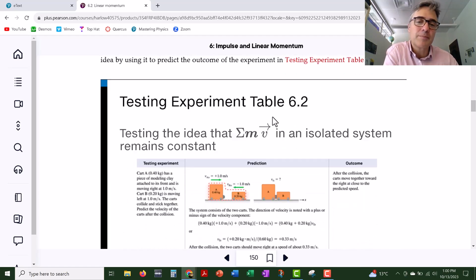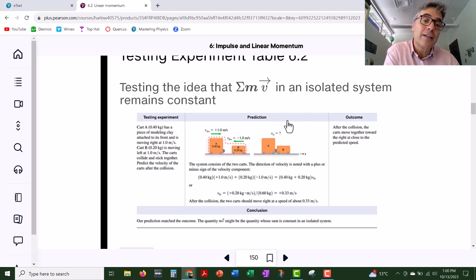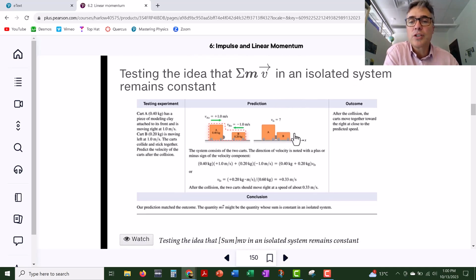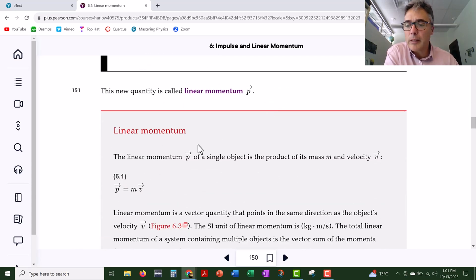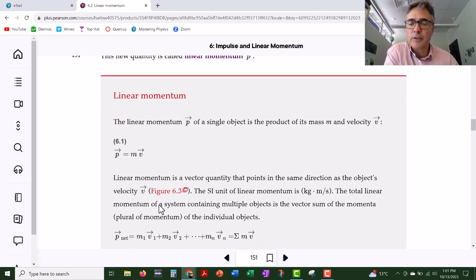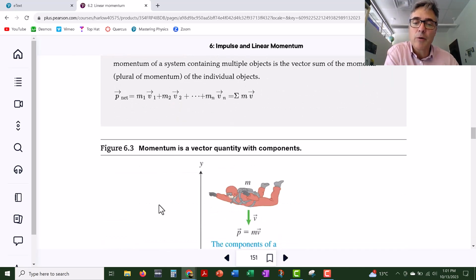You can do a few experiments in collisions that give you the idea that you can find an isolated system in which the quantity mass times velocity remains constant. So we define linear momentum as the letter P. It's a vector, so it has a little arrow over top of it. P is equal to m times v, where v is the velocity vector and m is the mass of the object. So an object that's moving has a momentum.